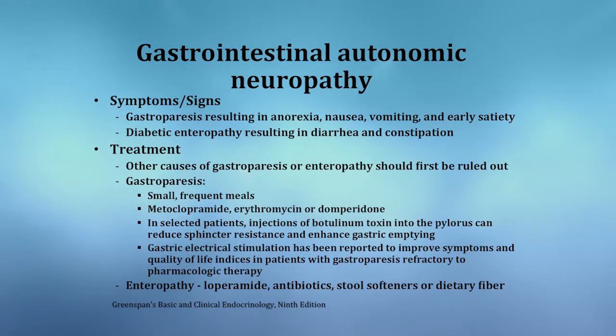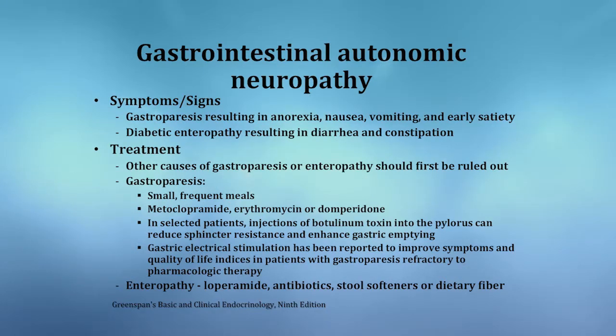Gastrointestinal autonomic neuropathy. If you look at your patients closely, you will find this is a very common complaint. They will complain that the food is not moving on, there is bloating, and there is decreased gastric emptying, and usually if you look at those patients, you will find they have very poor diabetic control.